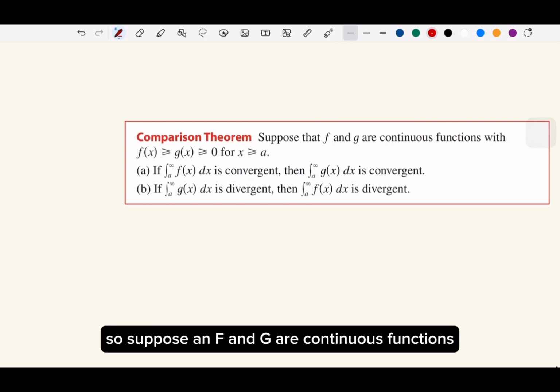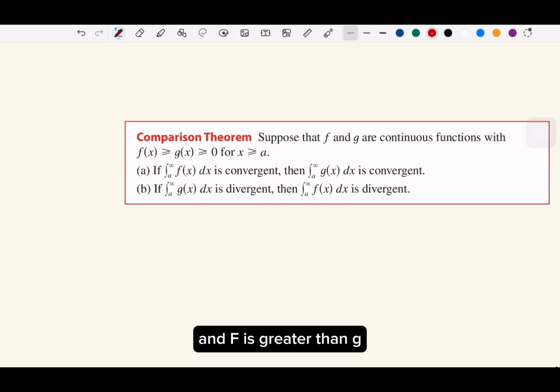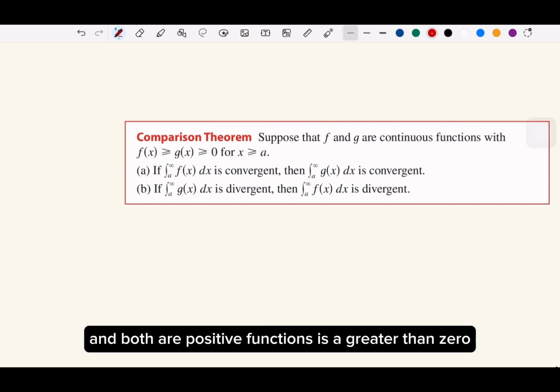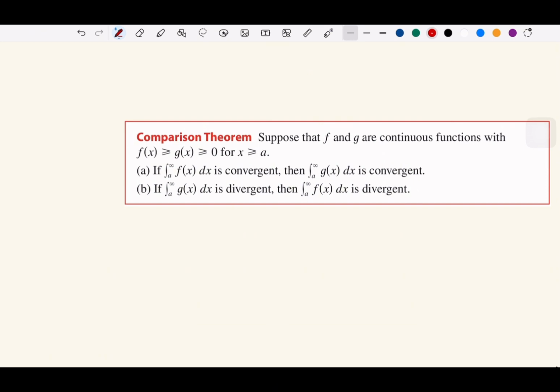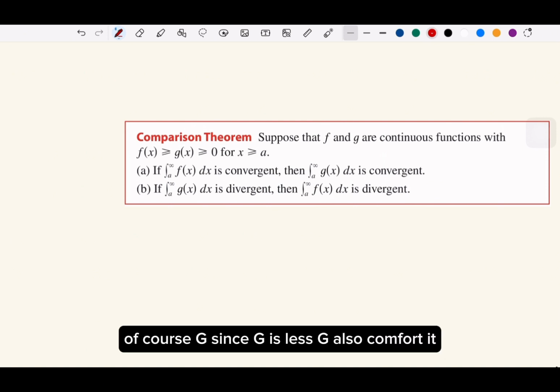Suppose that f and g are continuous functions, and f is greater than g, and both are positive functions, greater than 0, for x greater than some constant a. So if the integral of f(x) converges, of course, since g is less, g also converges.